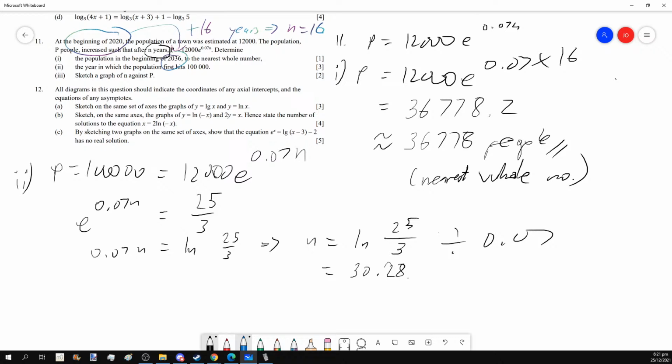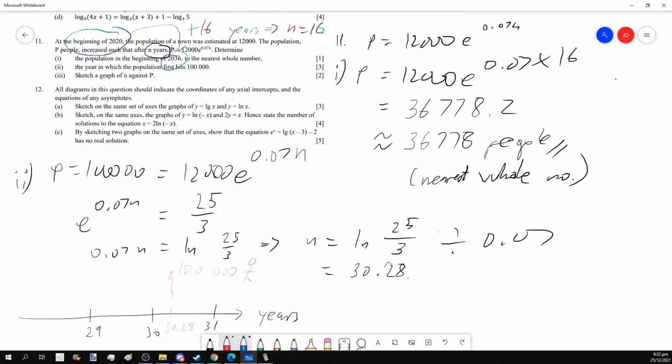Alright. Now at this point, do take note. If it requires 30.28 years, that means that if you write the final answer as 30, it will not be enough, right? You can imagine it as a timeline. Let's say this is the years. And at 30.28, over here, we have 100,000 human beings.